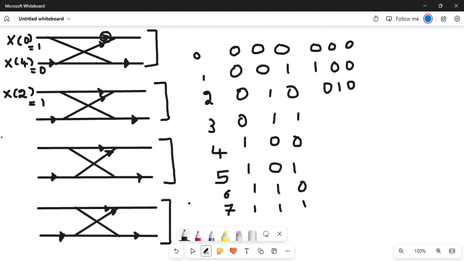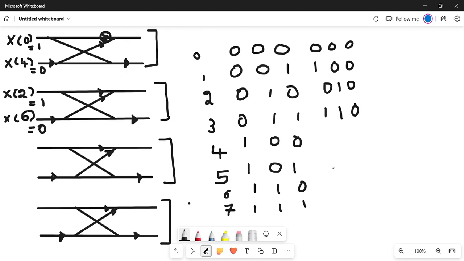Okay, so this is x of 2, and here it is 1 1 0, which is 6. So x of 6 is equal to 0, right?